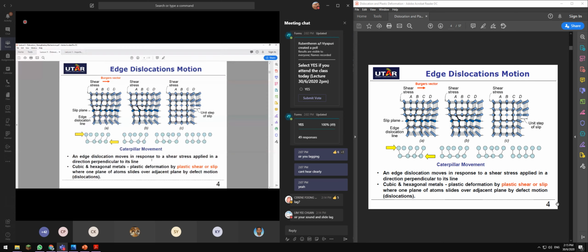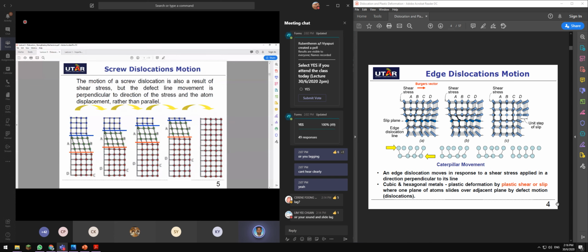An edge dislocation moves in response to a shear stress applied in a direction perpendicular to its line. For edge dislocation, the stress is applied in this perpendicular direction, but the dislocation moves parallel to the stress. Please write it down: for edge dislocation, the dislocation line moves parallel to the stress.